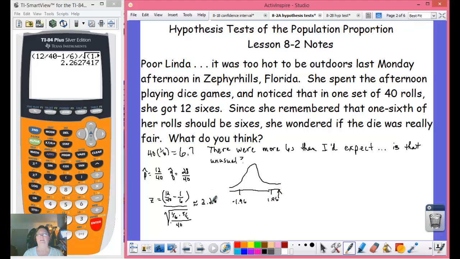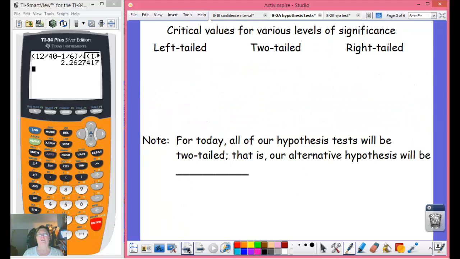I have more than 2 standard deviations above the mean. So yeah, this is unusual. Now I don't know whether that means that dice was really fair or not, but I do know that it's outside the realm of what we'd consider usual. And that's exactly the kind of thinking that you do when you're performing a hypothesis test. Before we start our formal discussion, what we did really is an informal z-test there.